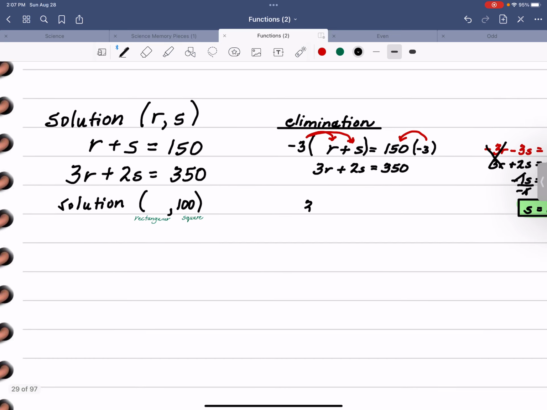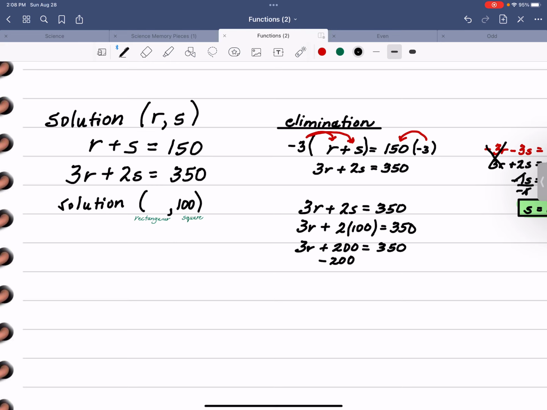So pick one of your equations. I like this one because it's close by. Substitute the 100 in for s. So 2 times 100. So we have 3r plus 200 equals 350.